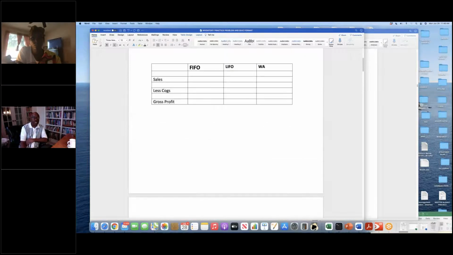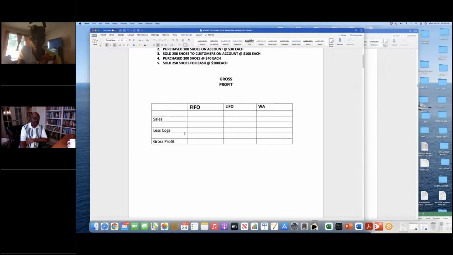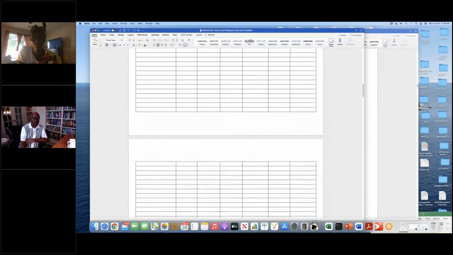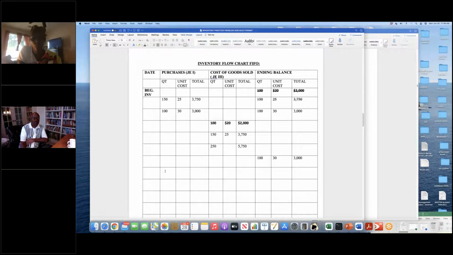And so now we got to put these on the inventory chart. So that's 200 pairs of shoes at $40 each for 8,000. And then we're going to go ahead and transfer these over.